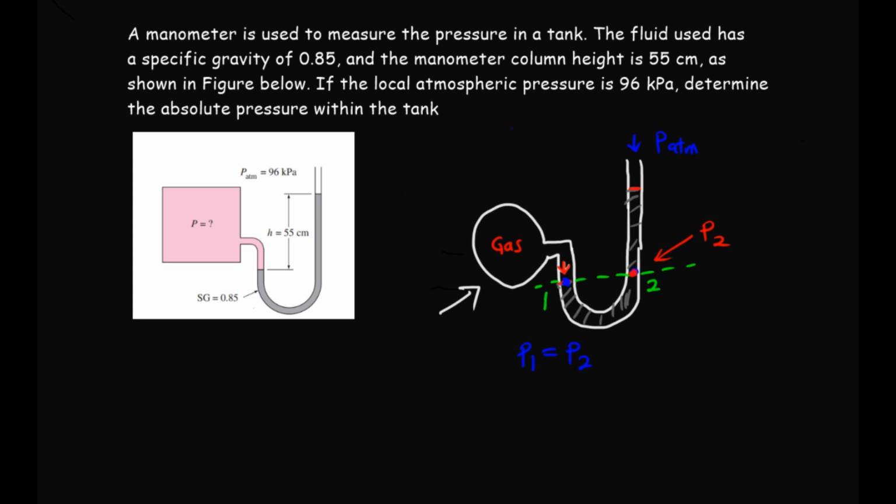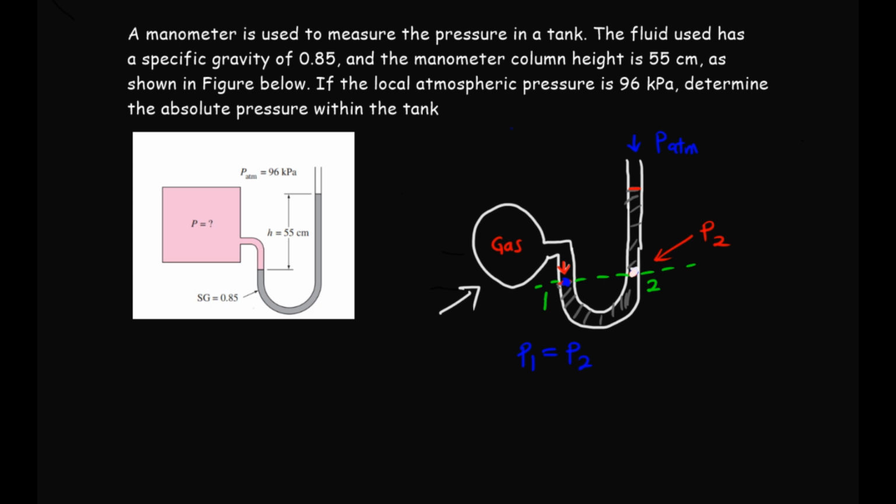Because when you consider this point here, there's fluid on it, and there's atmospheric pressure. So there will be pressure due to the manometric fluid and then atmospheric pressure. So to find the actual pressure acting at this point, we just have to add these two pressures.